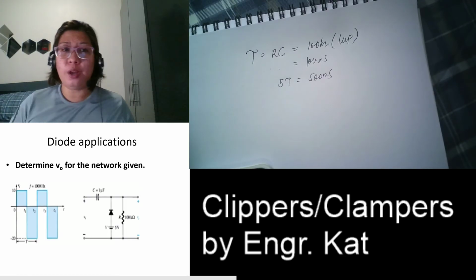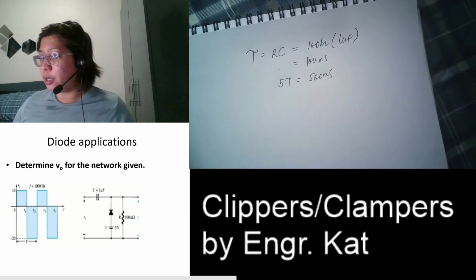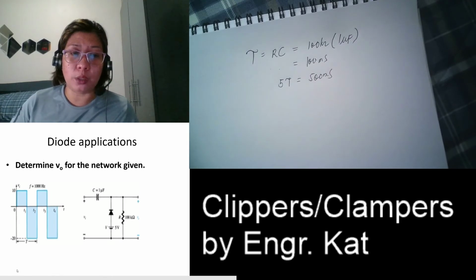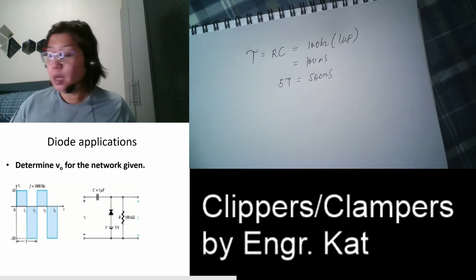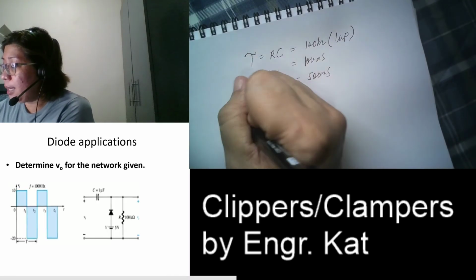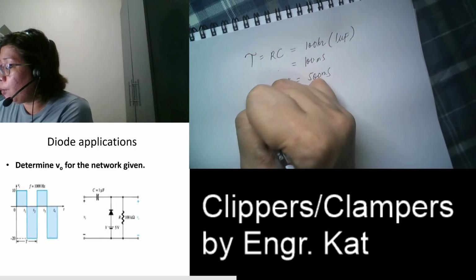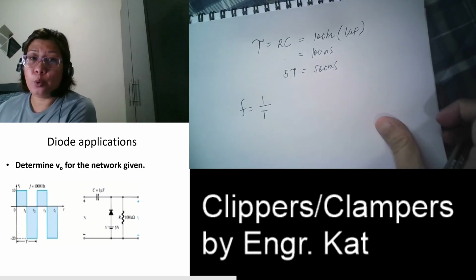Our input here is 1000 hertz. So what do we mean by 1000 hertz? So frequency is 1 over period. Okay.